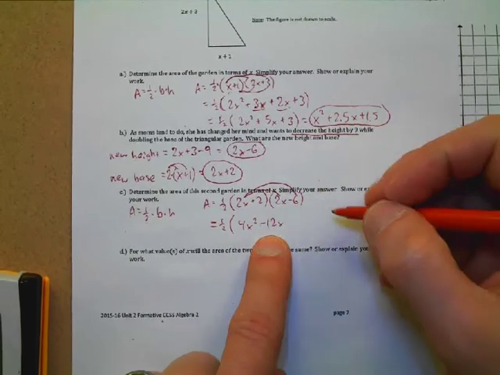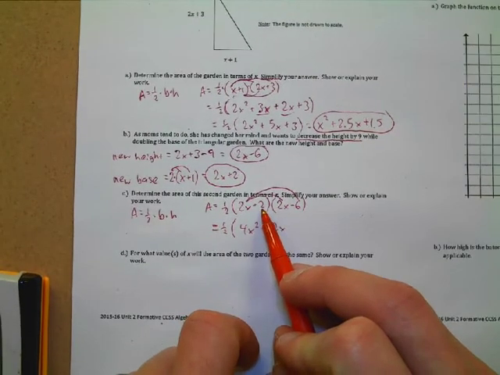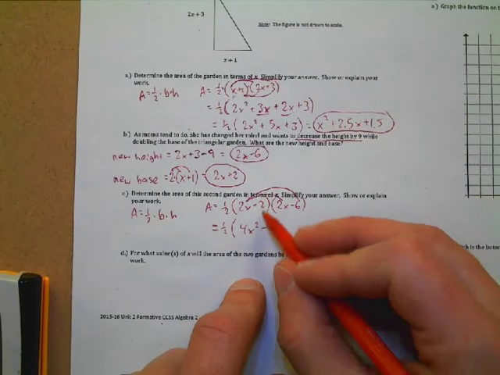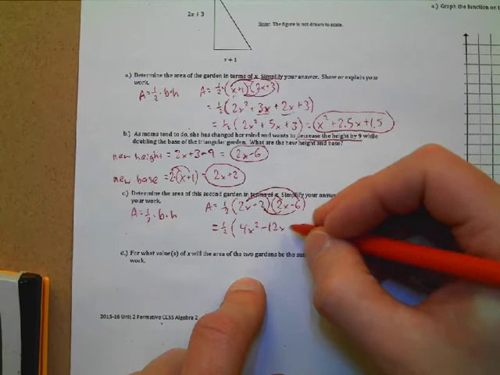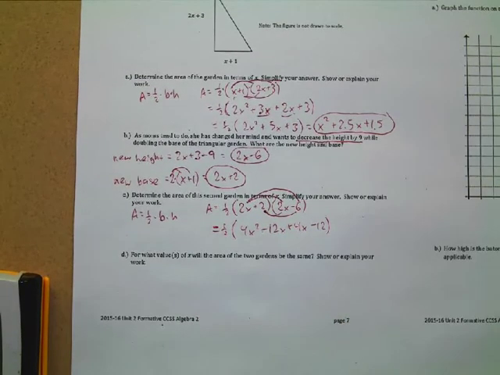Okay? And then this little 2 here, what does that multiply with? 2x and the negative 6. That's right. Okay, so plus 4x minus 12. Okay? Combine like terms.